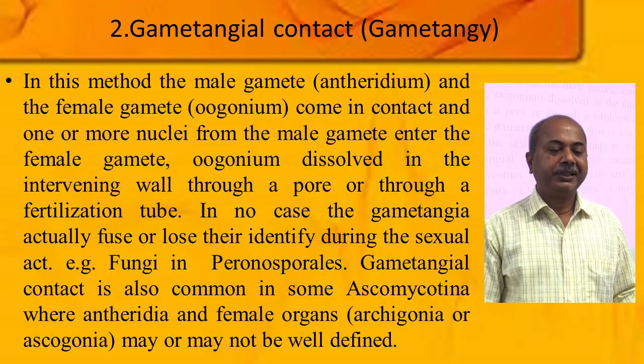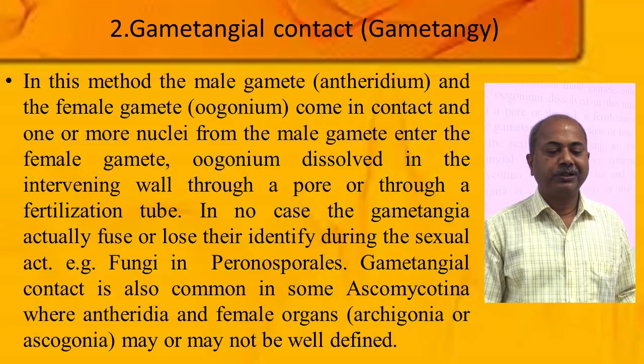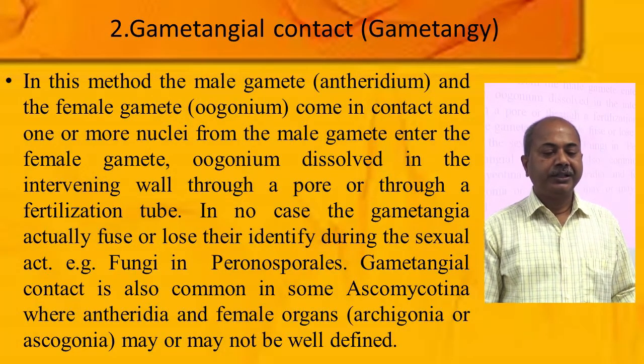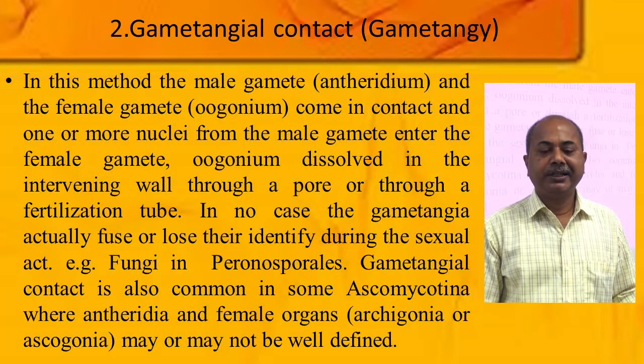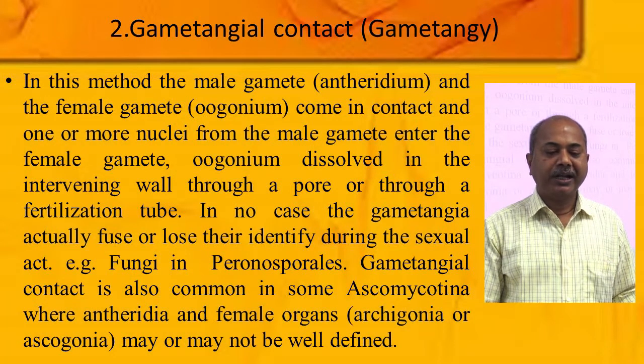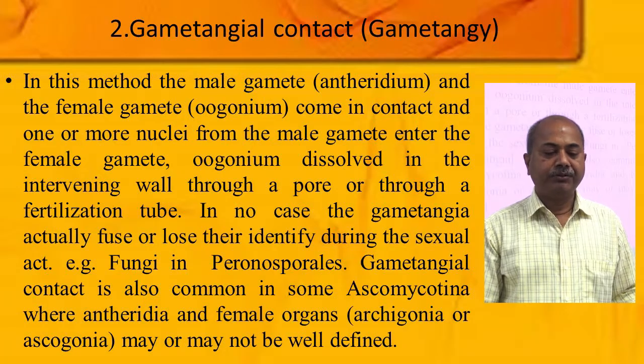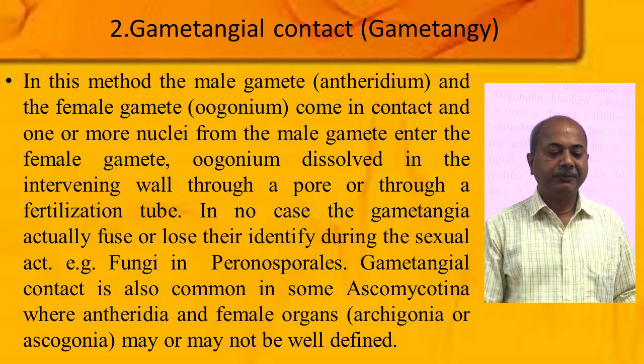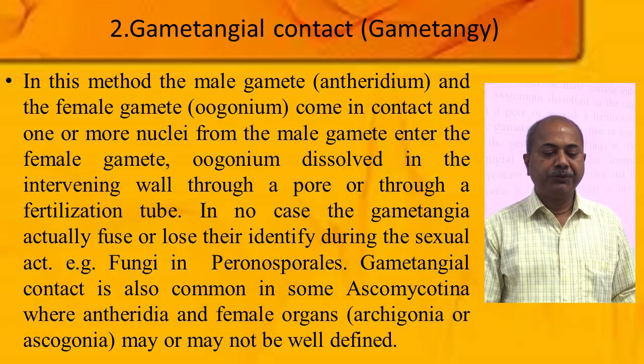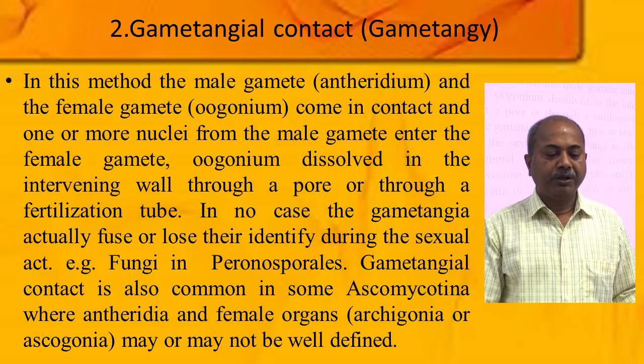Now the second method is gametangial contact, also known as gametangy. In this method, the male gametangium, that is the antheridium, and the female gametangium, that is the oogonium, come in contact, and one or more nuclei from the male enter the female, with the intervening wall dissolving through a pore or through a fertilization tube.